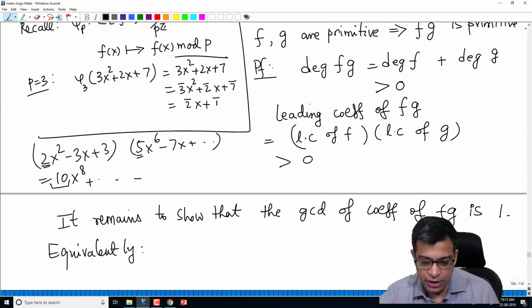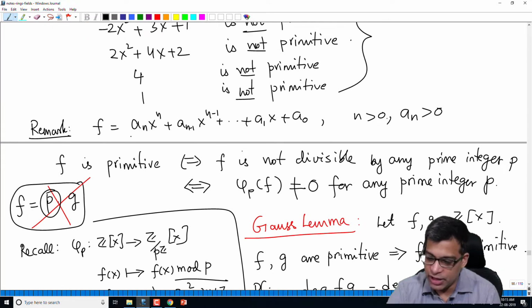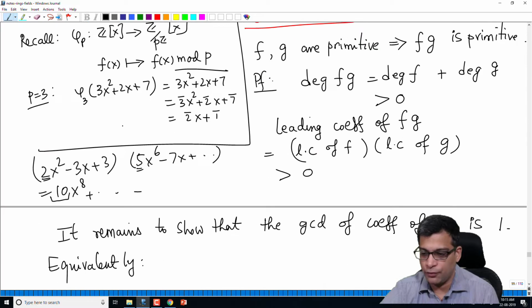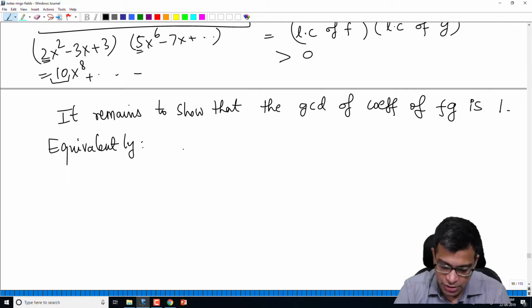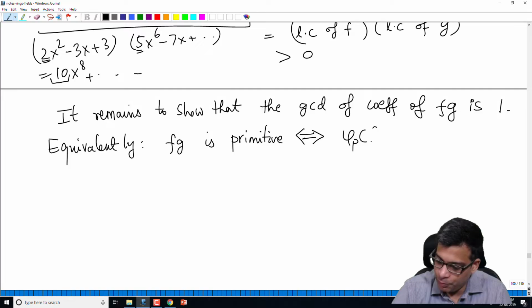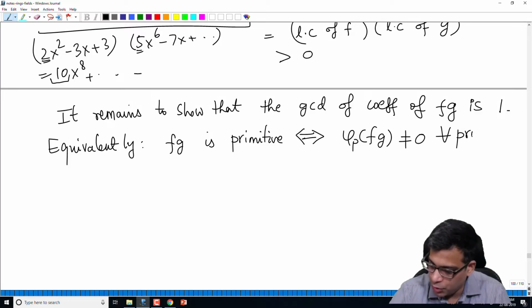But as we observed here, once the degree is positive and the leading coefficient is positive, primitiveness is characterized by phi p of f being non-zero for any prime integer p. So fg is primitive if and only if phi p of fg is not equal to 0 for all prime integers.